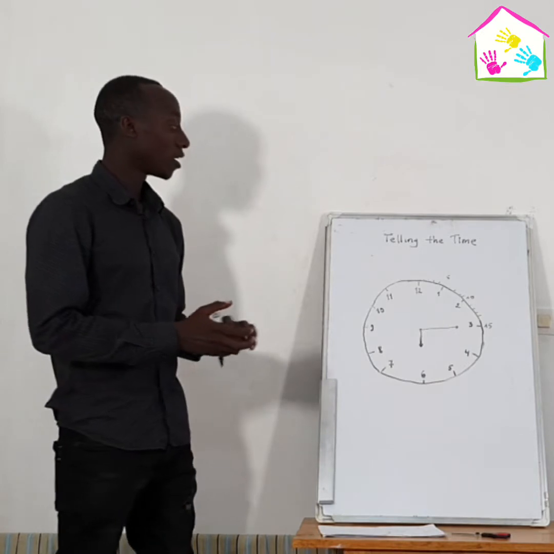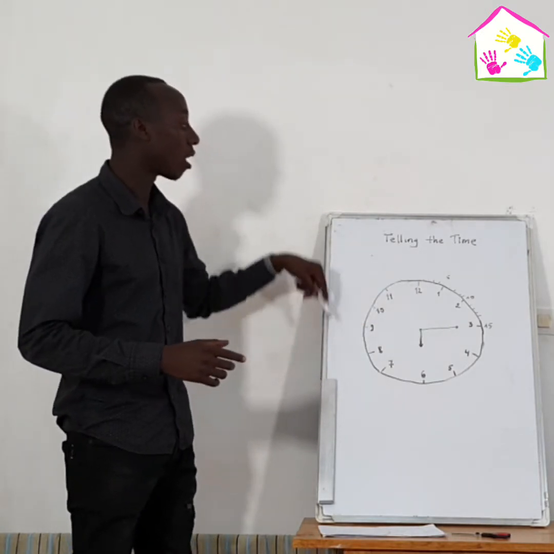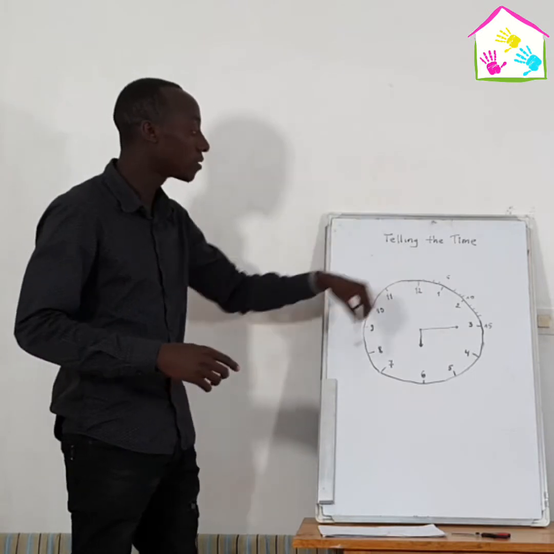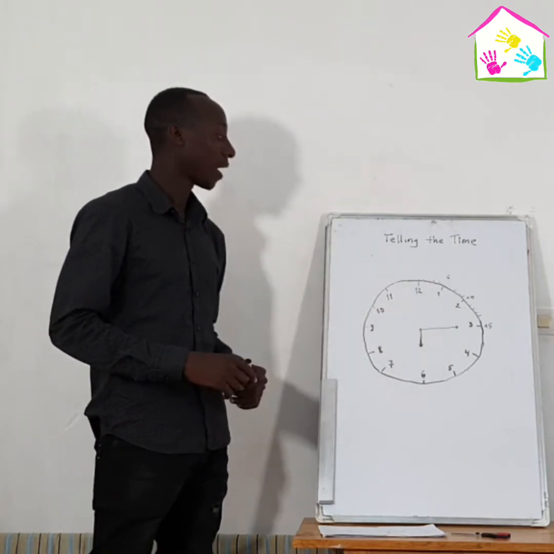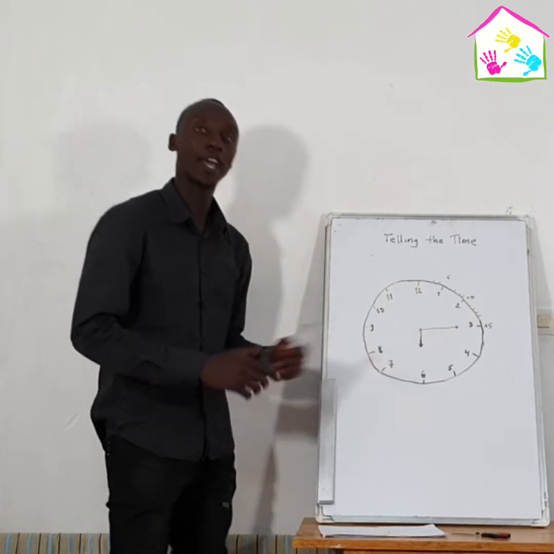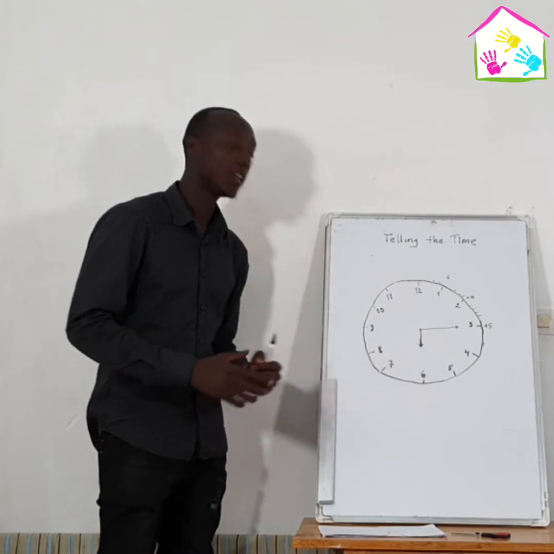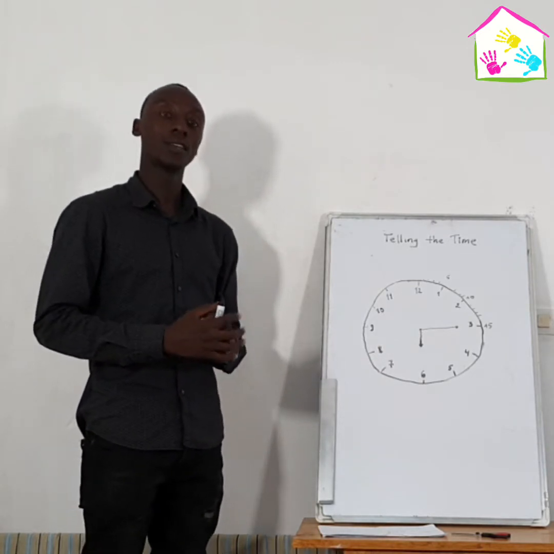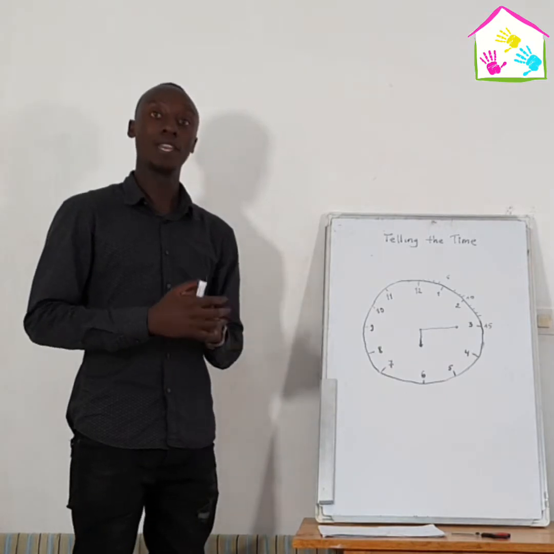A watch is composed of these hands. We have the long hand and the short hand. The short hand is for hours and the long hand is for minutes.